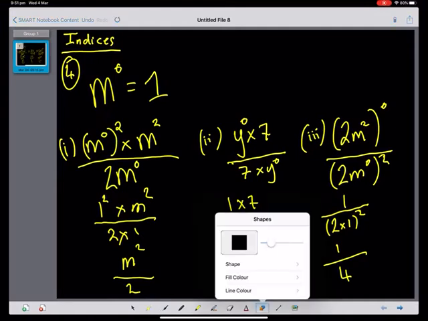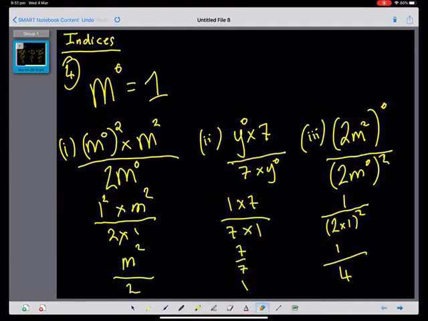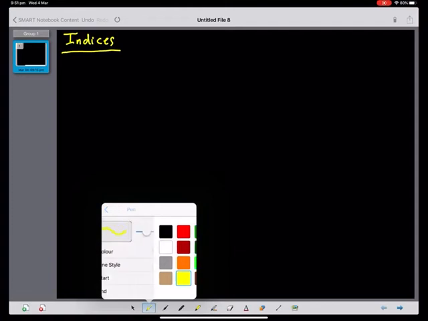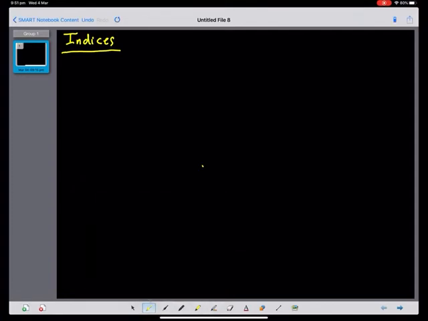Okay, so let's finish with 3 quite difficult questions, which combine all of the rules. So let's do the first one. Let's do 2m squared multiplied by 3m cubed, divided by (2m) to the 0.